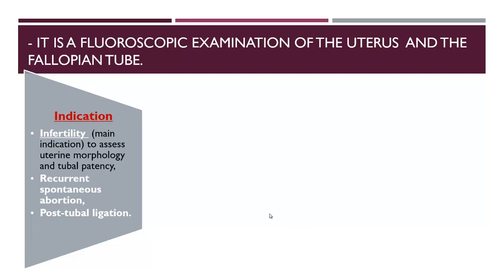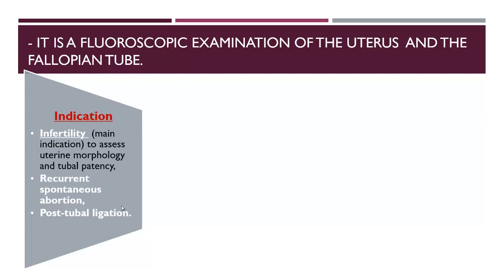Hysterosalpingography is a fluoroscopic examination of the uterus and fallopian tubes. Indications: in cases of infertility, the main indication is to assess the uterine morphology and tubal patency. This is the main indication nowadays. In recurrent spontaneous abortion, I think we do ultrasound more to assess for cervical incompetence.